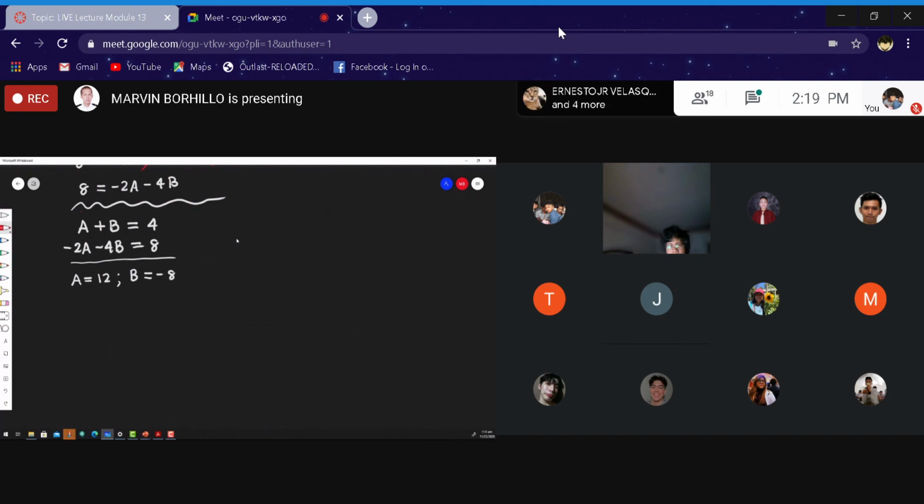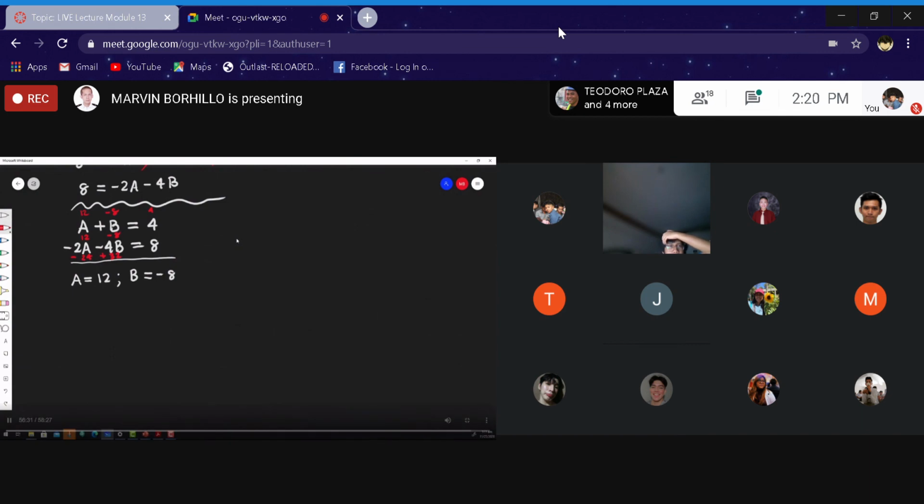Fast check. 12 plus negative 8 will be 4. 12 times negative 2, negative 24. And negative 4 times negative 8 is positive 32. Negative 24 plus 32 is 8. Tama yung ating value ng A and B.